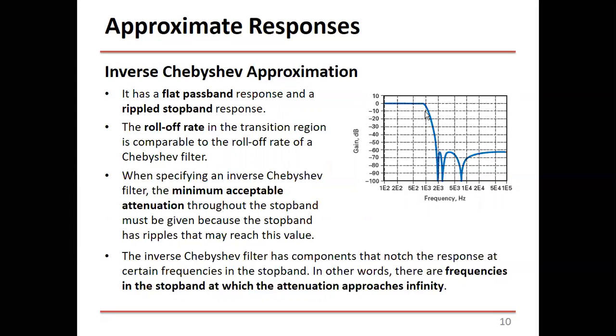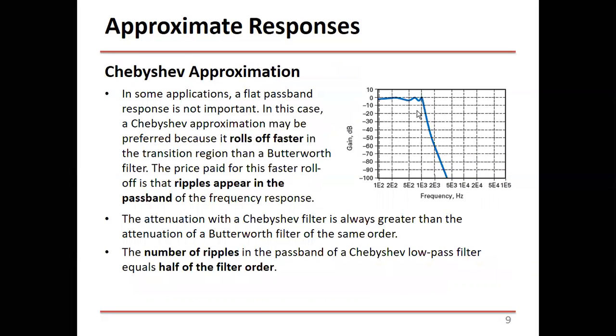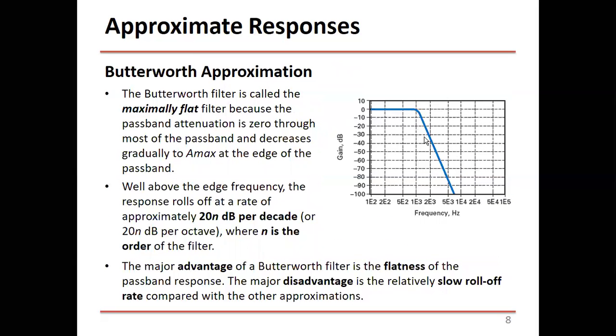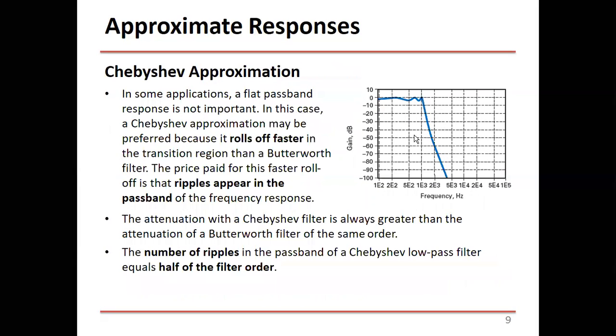And again, you can see the roll-off in the transition band is similar to this one, almost the same, but it's much better than the Butterworth. See the Butterworth? These plots are taken from different filters with the same order.